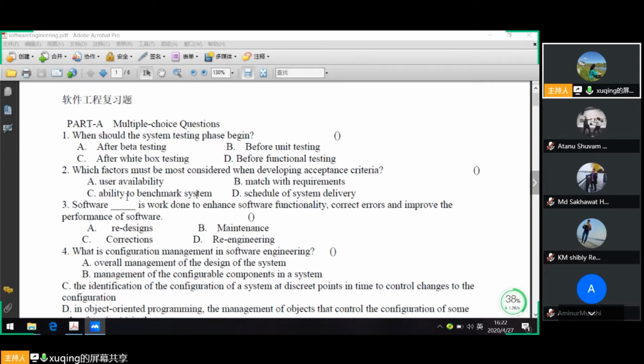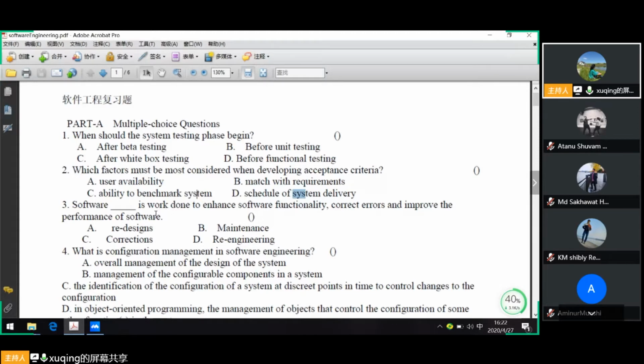So surely we need to consider all these factors like user availability, match with requirements, ability to benchmark systems, schedule of system delivery. Yeah, we must consider them all, but the most considered when developing acceptance criteria is the requirements. So here is B.